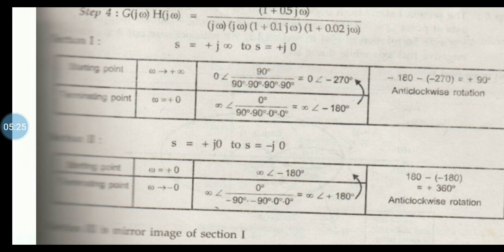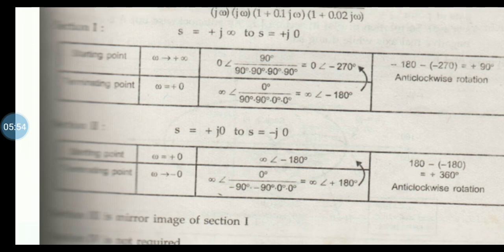Then for the terminating point, omega will take minus 0, where magnitude will come infinity. Angle will be 0 degrees divided by minus 90, minus 90, 0 degrees, 0 degrees, which will be infinity at an angle of plus 180 degrees. So how much is the rotation? 180 minus of minus 180, which is 360 degrees anti-clockwise rotation.